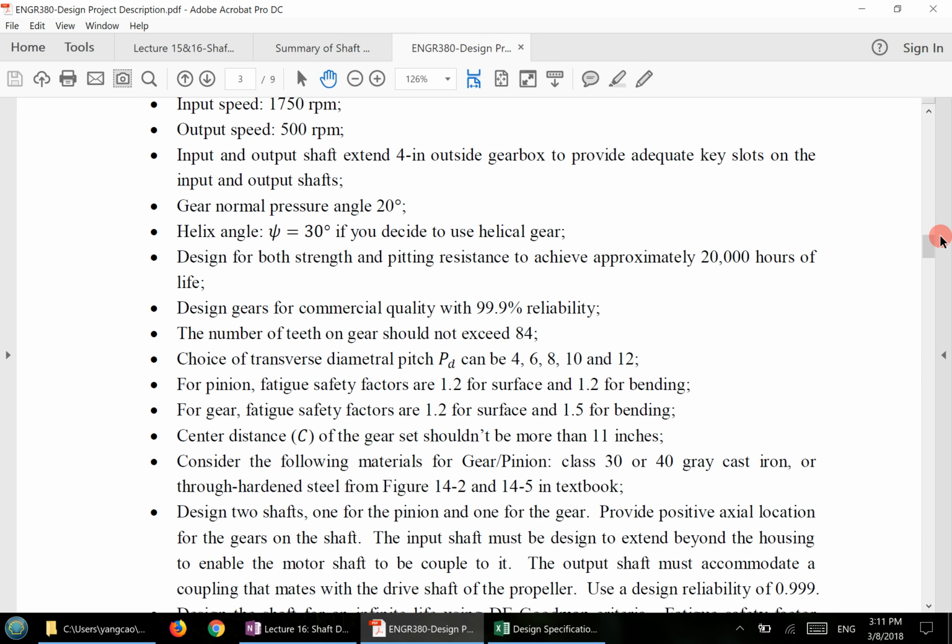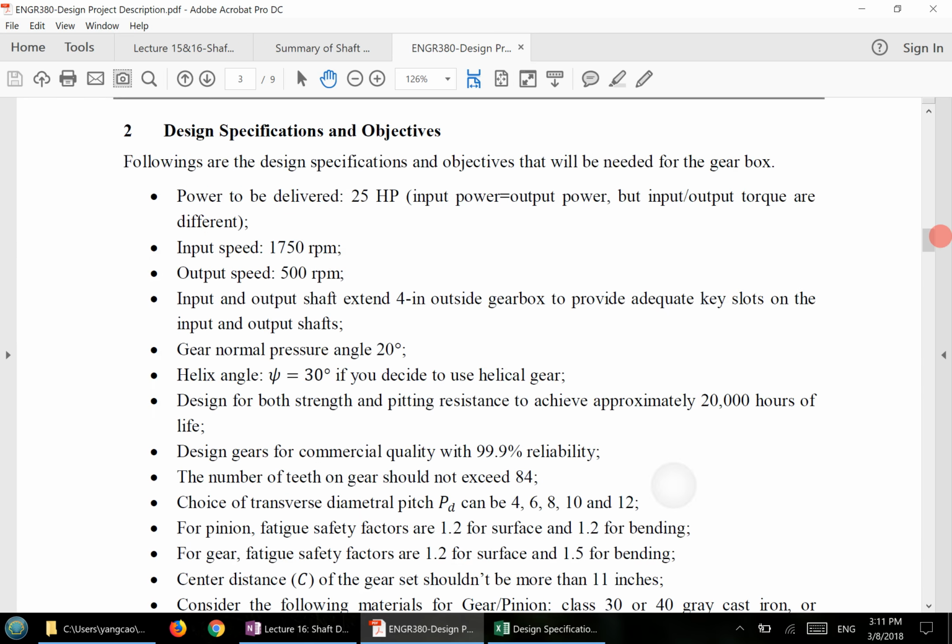Oh yeah, so this is from input speed and output speed. You divide them by each other, you get 3.5 basically, right?